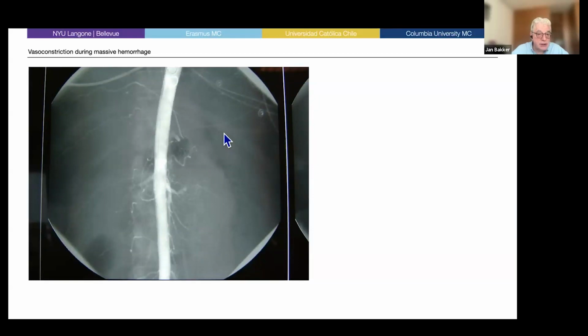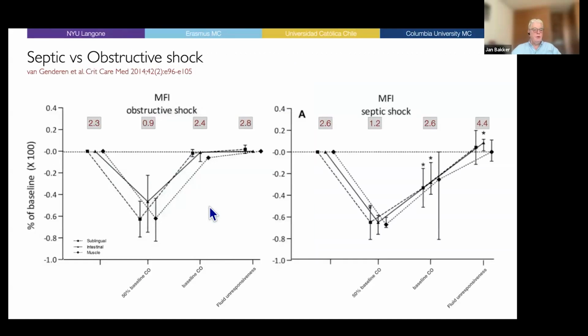And as you can see, this severely bleeding patient with significant vasoconstriction, there is no perfusion of the intestine. There is no perfusion of the liver. There is no perfusion of either of the kidneys. And so this is what we would call a central circulation. So the blood goes through the aorta and back through the vena cava without perfusing much.